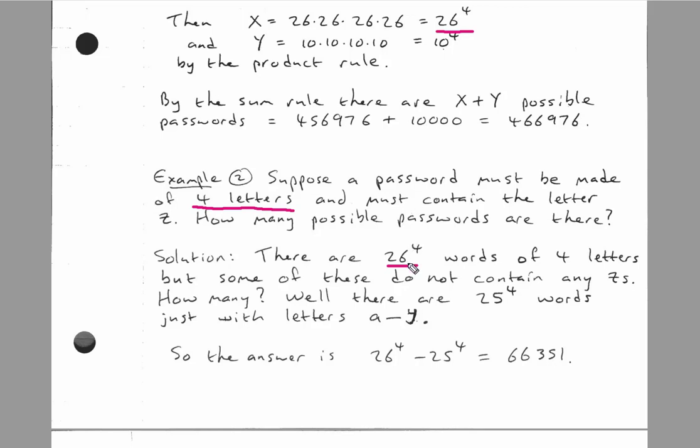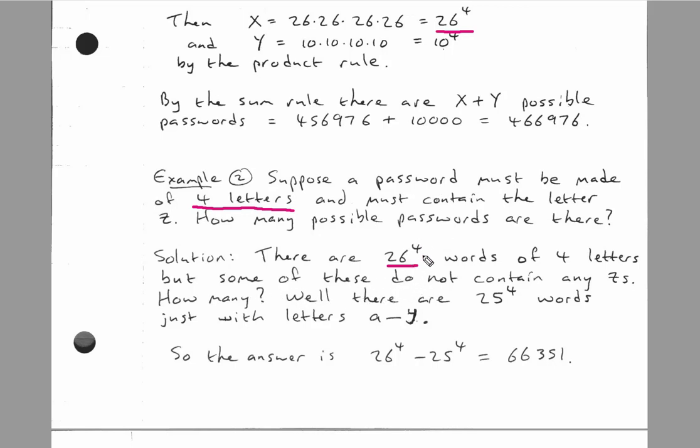But the problem is, some of those passwords are not going to contain the letter Z. For example, the password ABCD. That's no good. It doesn't contain a Z, so we don't want to include that. We don't want to count that.